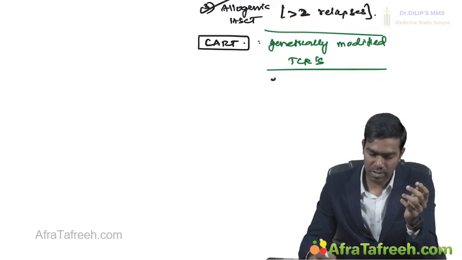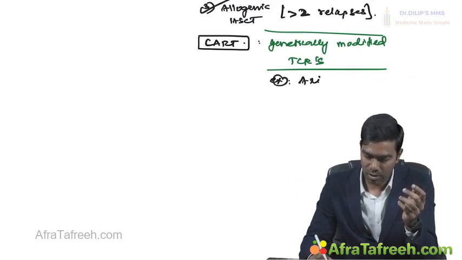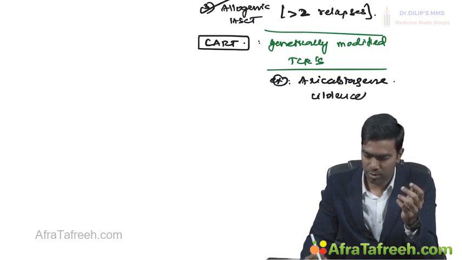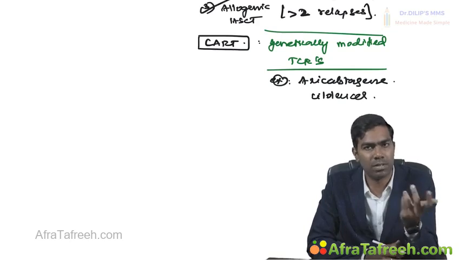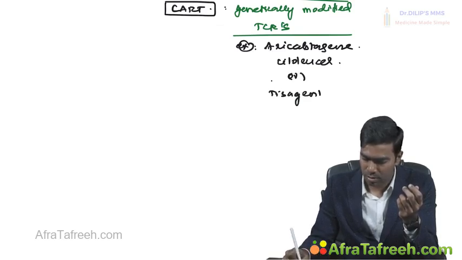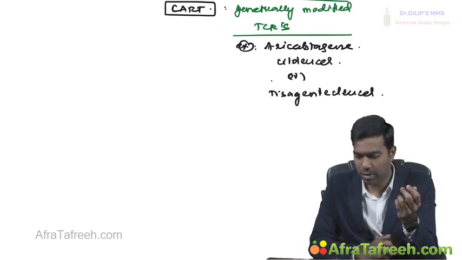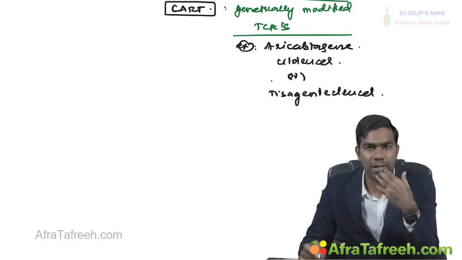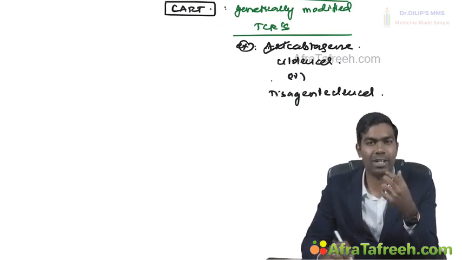So for example, in this case, you can use something called axicabtagene ciloleucel. I don't know how you're going to pronounce that. Or you have something called tisagenlecleucel. I really don't know the correct spelling or pronunciation, but axicabtagene ciloleucel I can easily pronounce because this is approved.